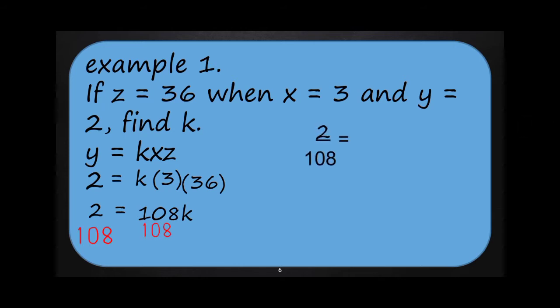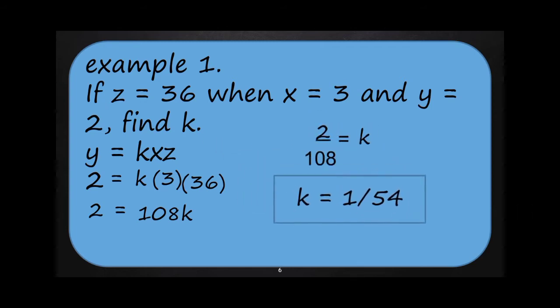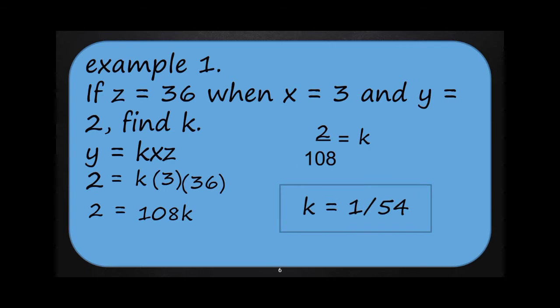So we have now 2 over 108, which is equal to k. So what is now the lowest term of the fraction 2 over 108? It is 1 over 54. So k now is equal to 1 over 54.